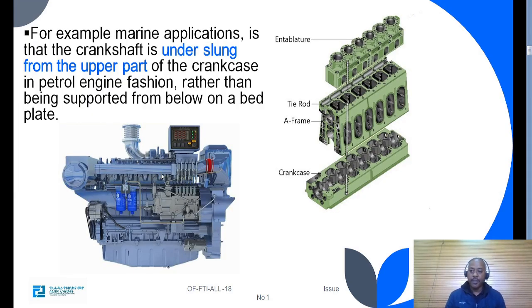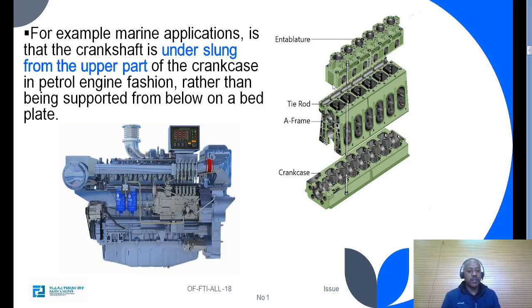For example, the marine application is that the crankshaft is slung from the upper part of the crankcase in petrol engine fashion rather than being supported from below on a bed plate.